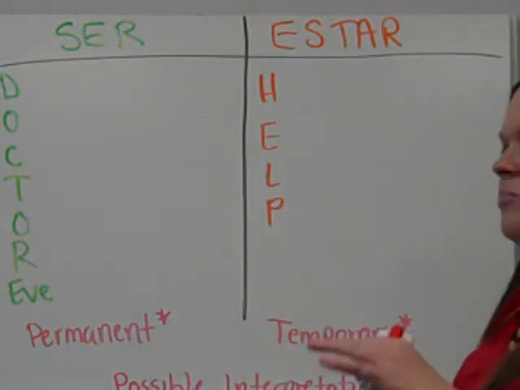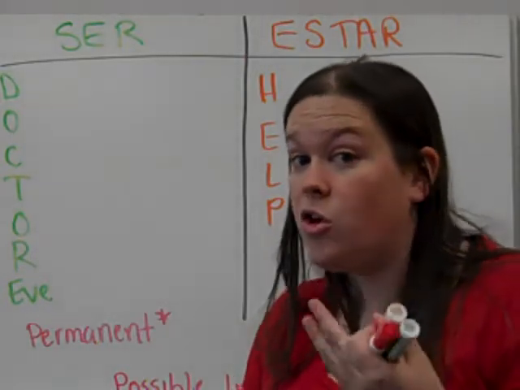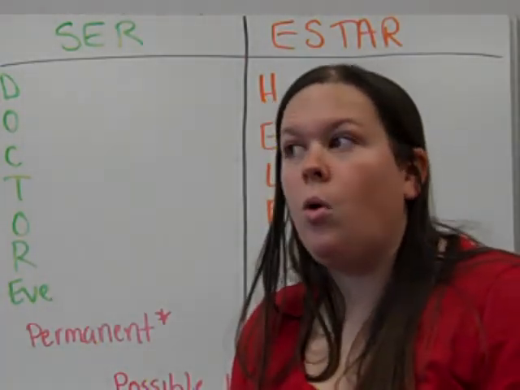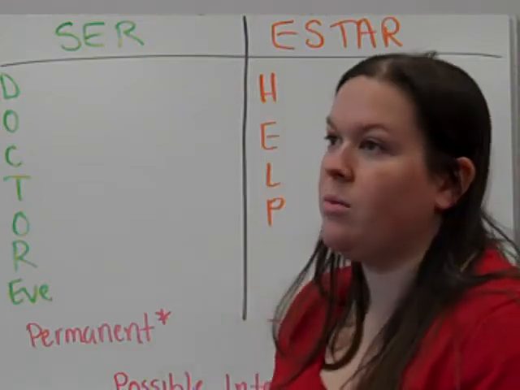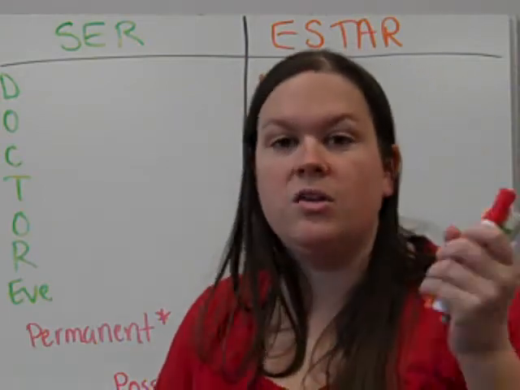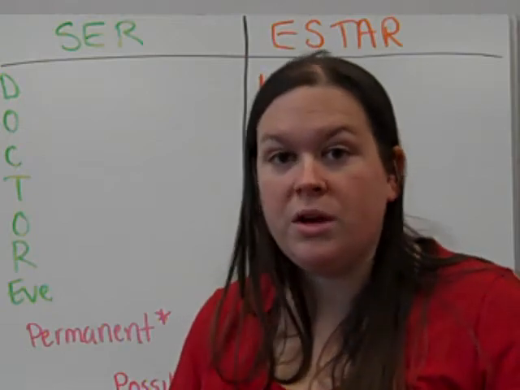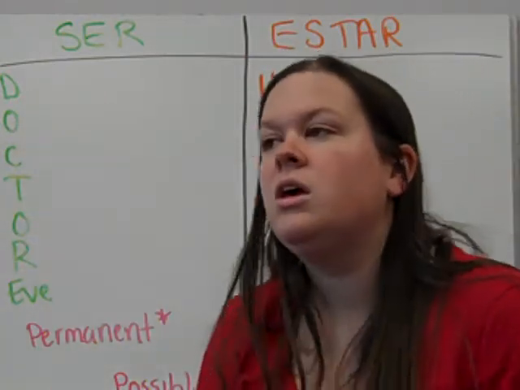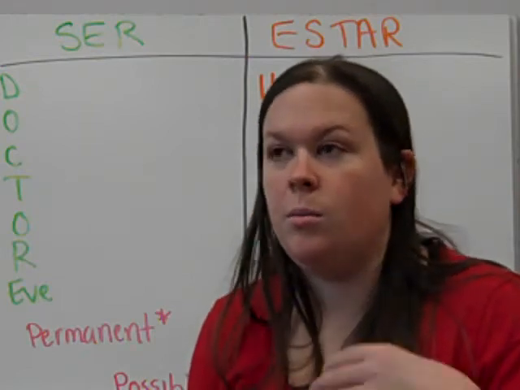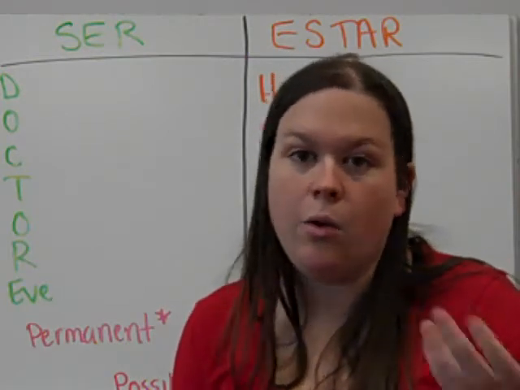So you can think of this generally, but it's not always permanent or always temporary 100% of the time. Also, sometimes you are allowed to interpret which verb to use, or the verb that you use changes the context of the meaning. For example, if you're saying she is pretty, she's always pretty, that is a characteristic, a description. So you'd say ella es bonita, or linda, or guapa.